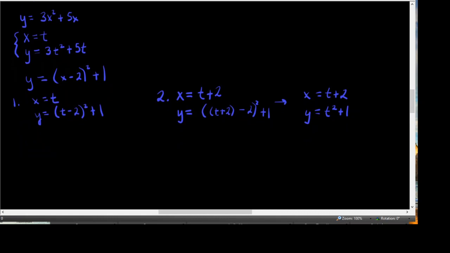Oh, and in both cases, we're going to let t be all real numbers, and that's going to create the entire parabola. So let me write this correctly. t is in the range of values from negative infinity to infinity. All right.